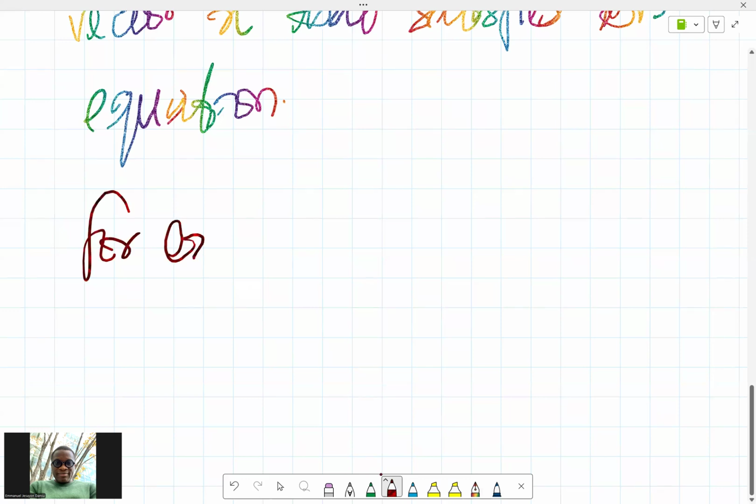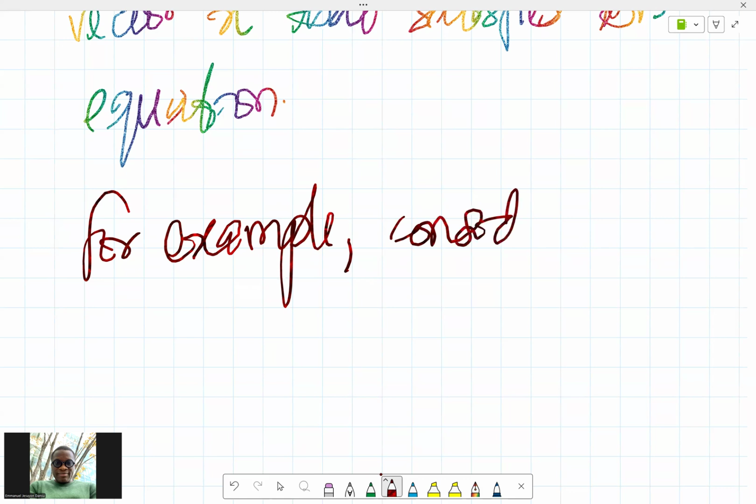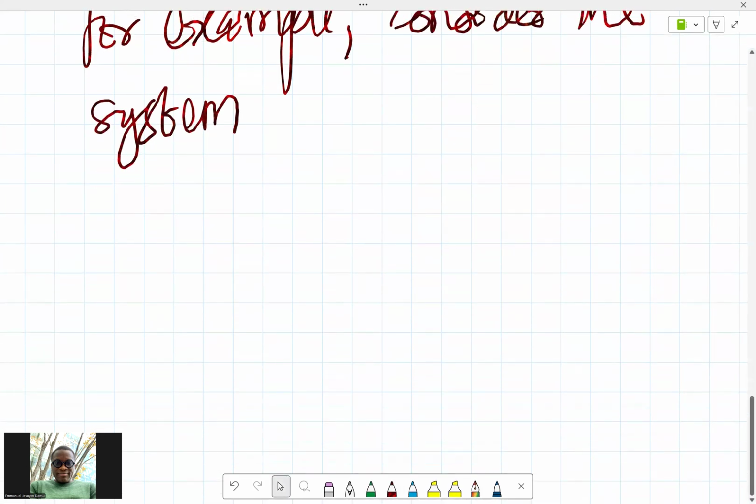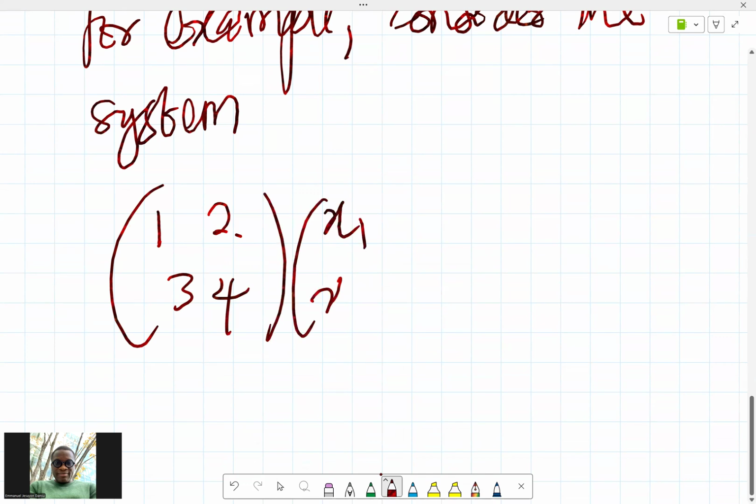For example, consider the system 1, 2, 3, 4, then x1, x2 equals 0, 0.